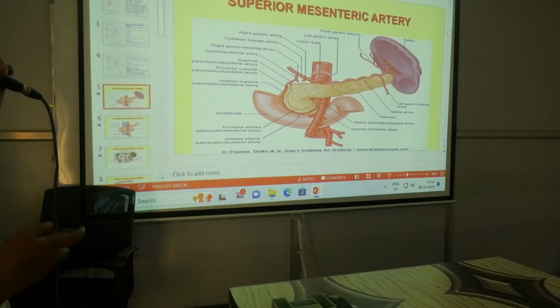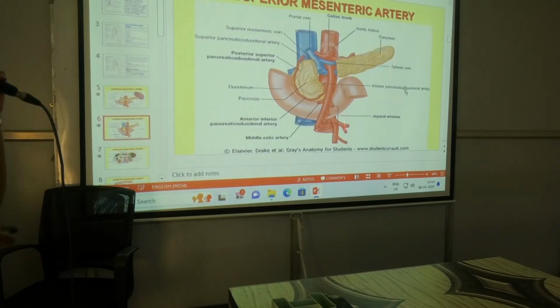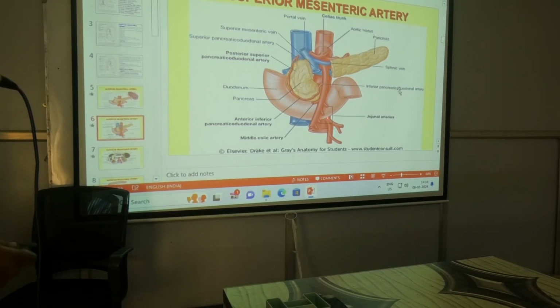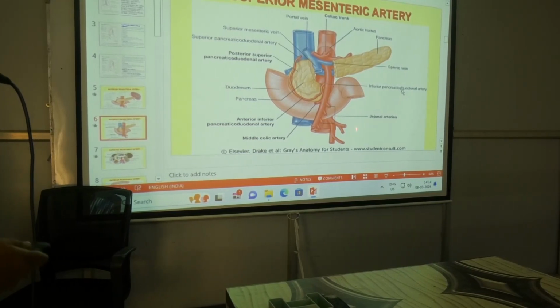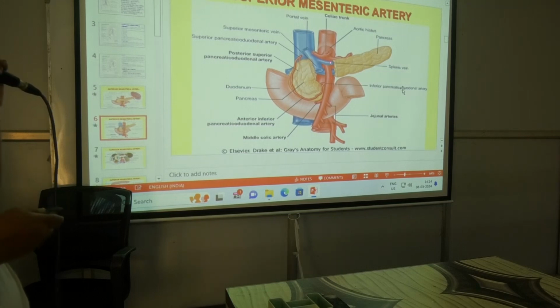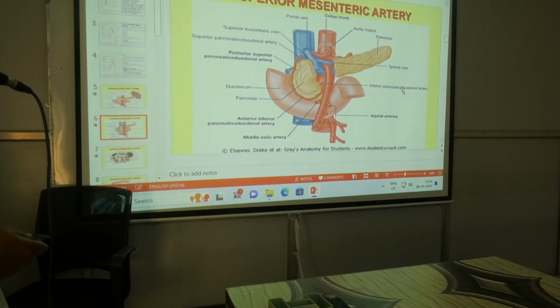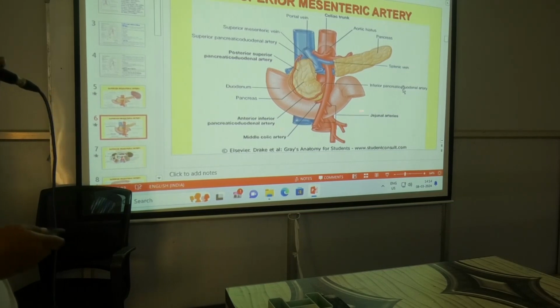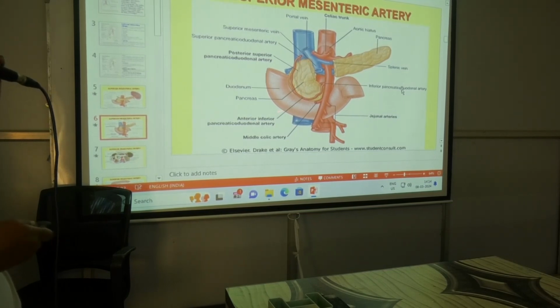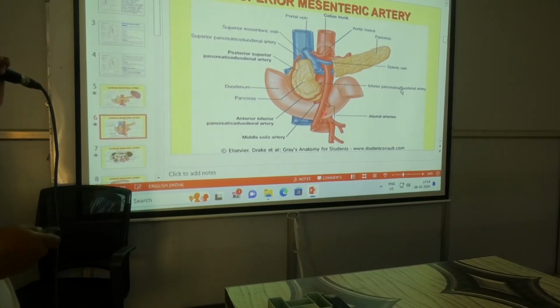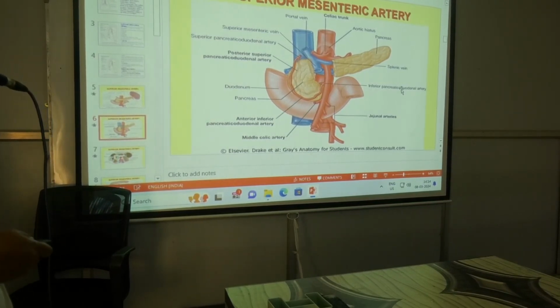Next, see, the inferior pancreaticoduodenal has been shown, and here this is the inferior mesenteric artery. Here is the position of the inferior mesenteric, which arises at L3 level, deep to this third part of the duodenum. And these are the jejunal arteries shown.